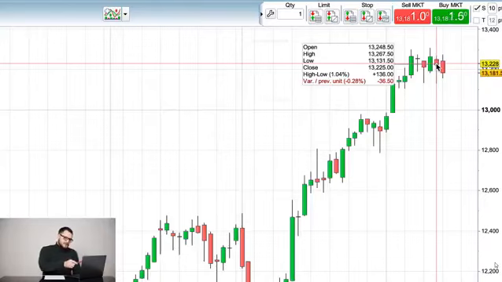The real-time platform actually offers the calculation right away in this little box. So high minus low is 136 points. The market moved 136 points yesterday. It does not matter if it's going up or down. All that matters is how many points the market moved.